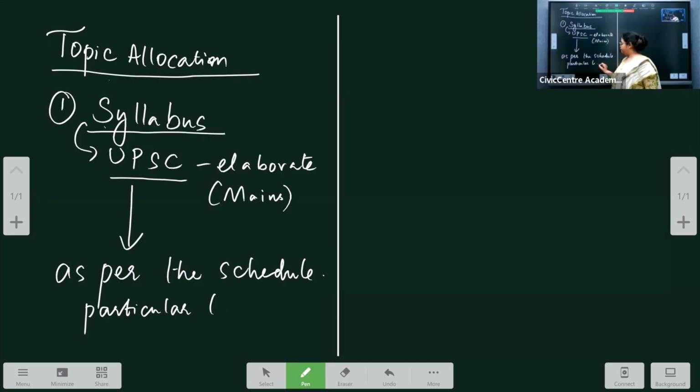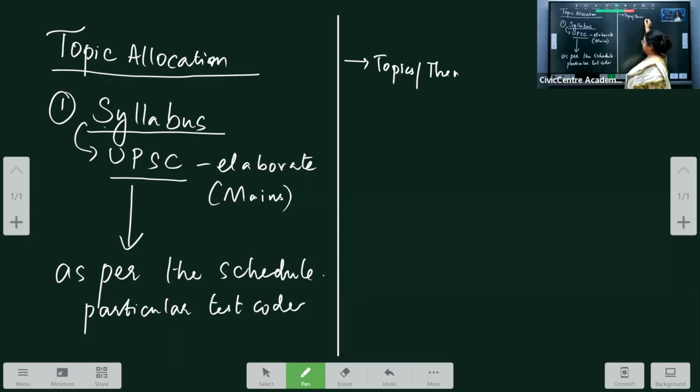That is what you will first concentrate on, and identify the key themes or the topics that are mentioned in that schedule of that test code.